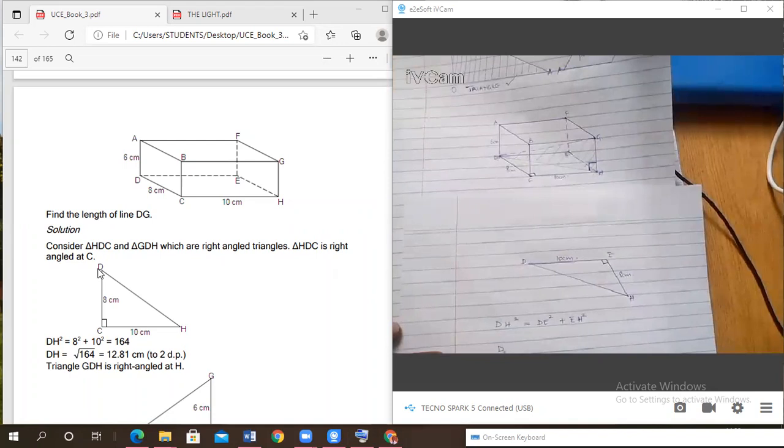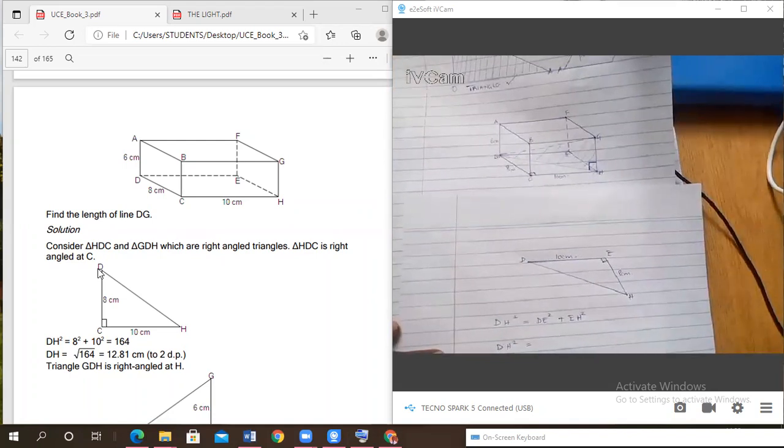So DH squared will be equal to 10 centimeters squared plus 8 centimeters squared.